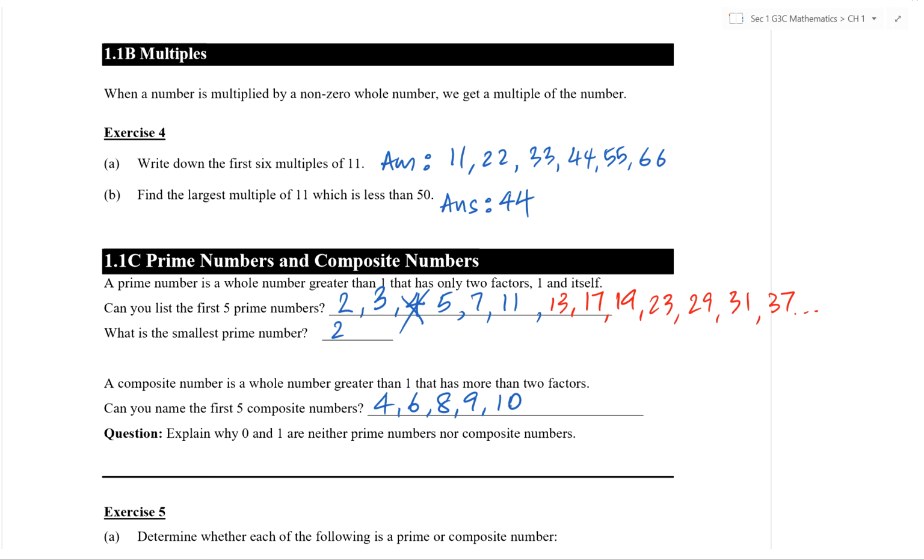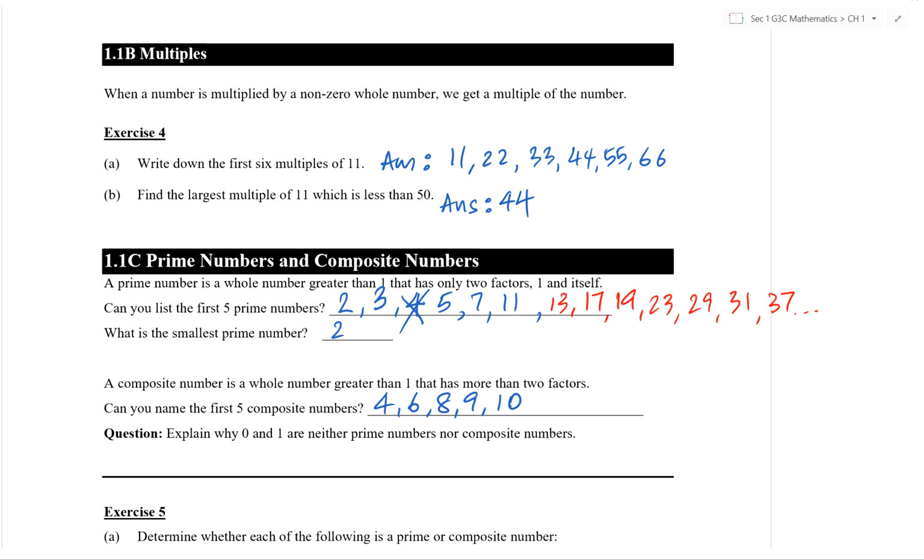Composite. Most even numbers fall under composite numbers because they can be divided by 2. The only even number that is not composite is 2. It is a prime number. That is the only even number that is prime. Otherwise, all your other prime numbers are odd numbers. Okay? So that is just an observation.